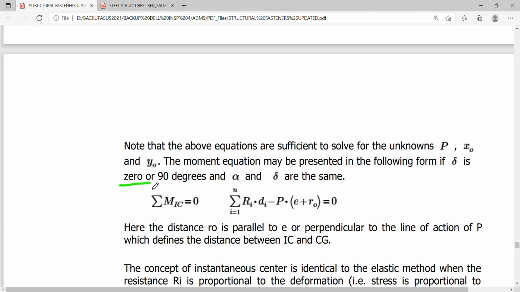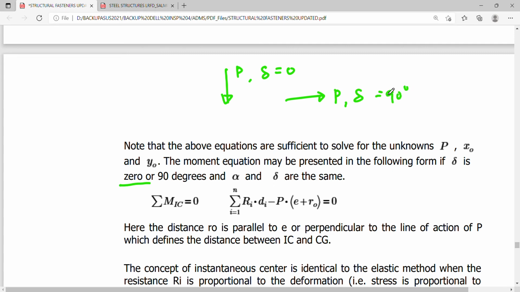Okay, so if your P is vertical, then your delta is 0. If your P is horizontal, then your delta is 90.